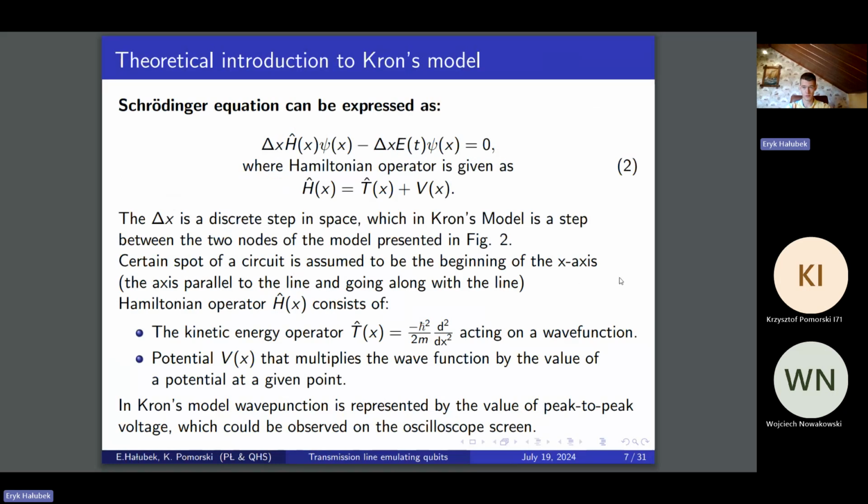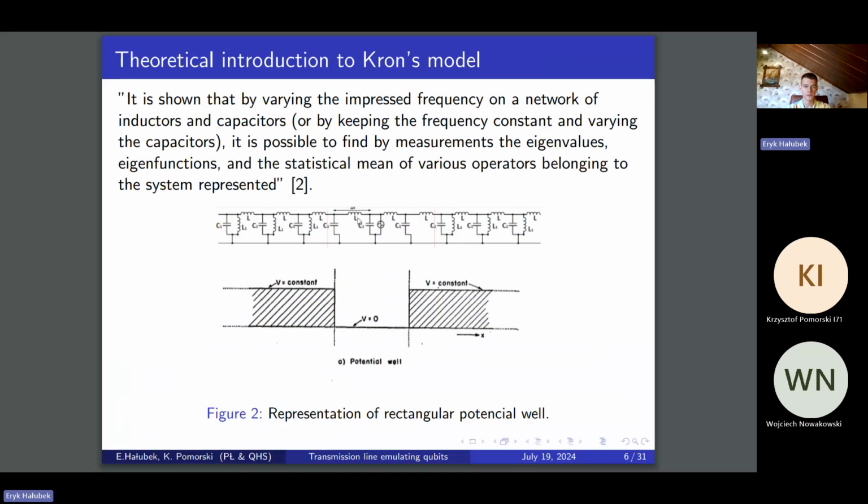So now let's talk about the theory behind it. The Schrödinger equation could be expressed as we see here, where delta x is a discrete step in space, which we can see here.